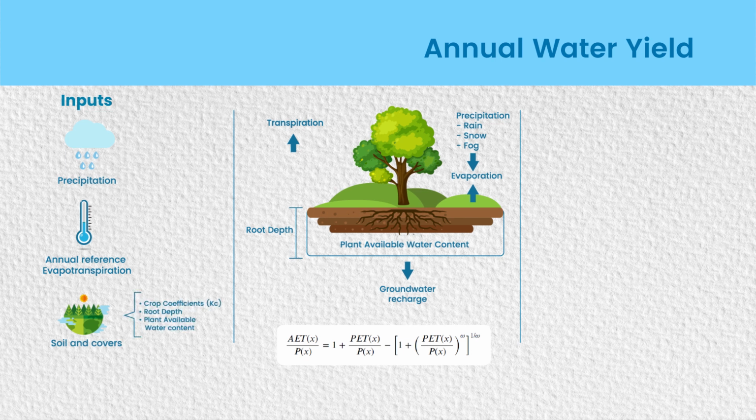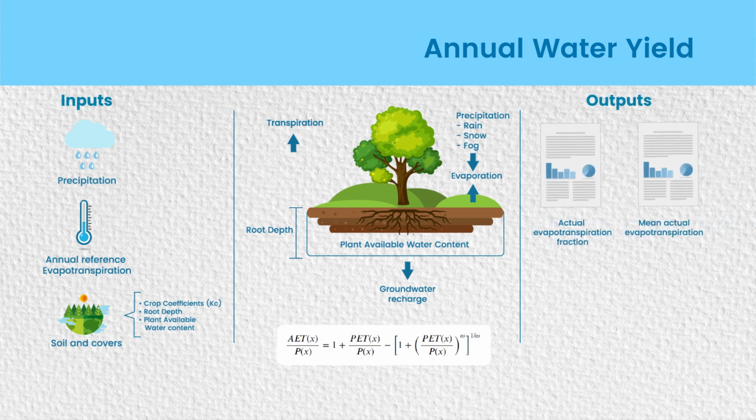The model only has one parameter, the seasonality factor, which represents the hydrogeological characteristics and seasonal distribution of precipitation. The main output of the model used by Waterproof is the annual water yield, but the model also produces variables such as average actual evapotranspiration.